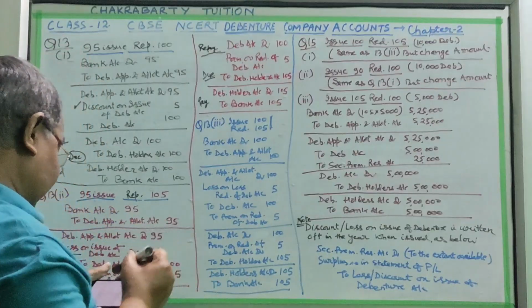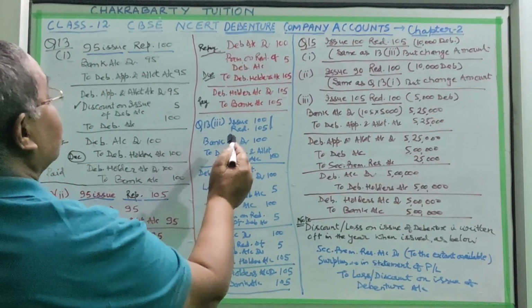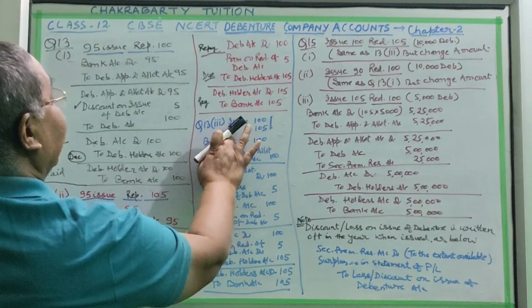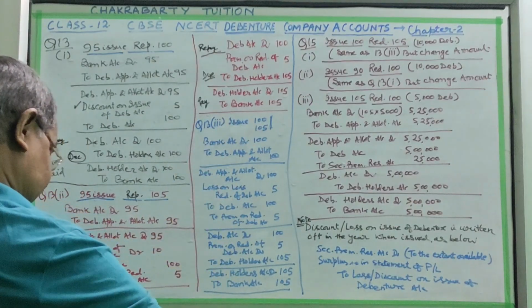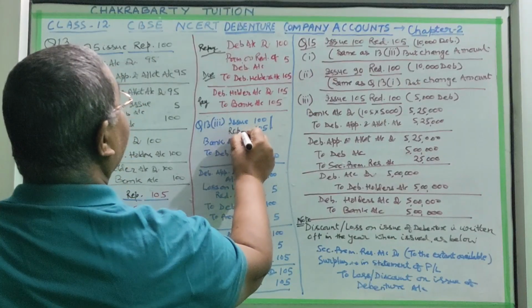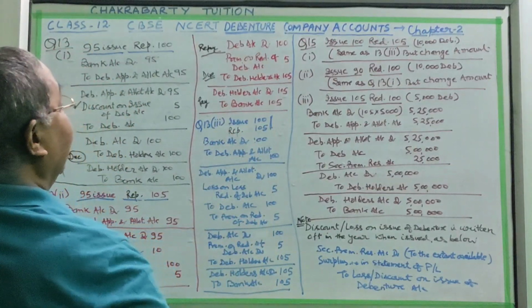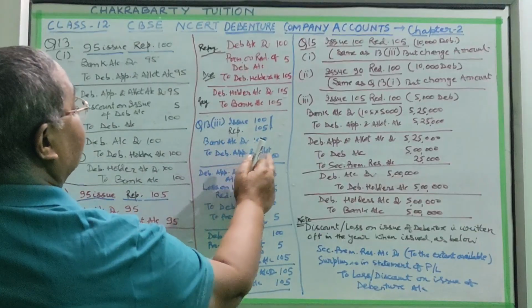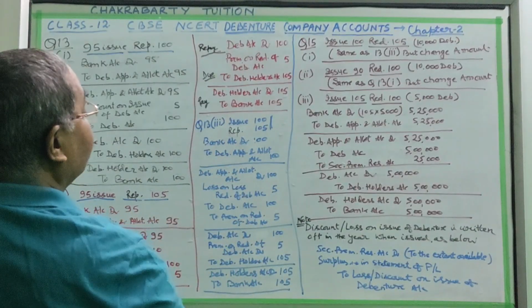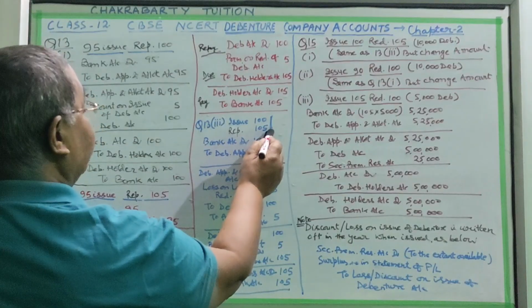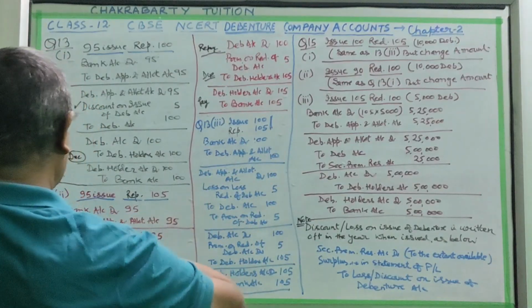Now the third part: debenture issued at 100 and repayable at 105. So you have received 100 rupees, bank account debit to debenture application account. I said whenever repayment is at a premium, you have to use the word loss.